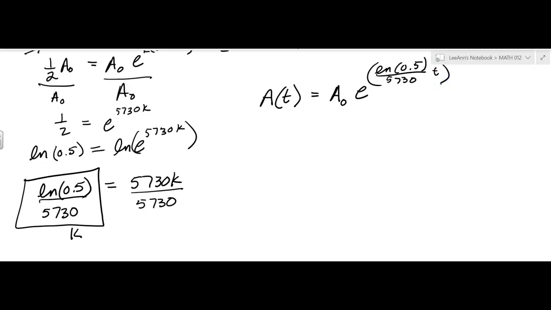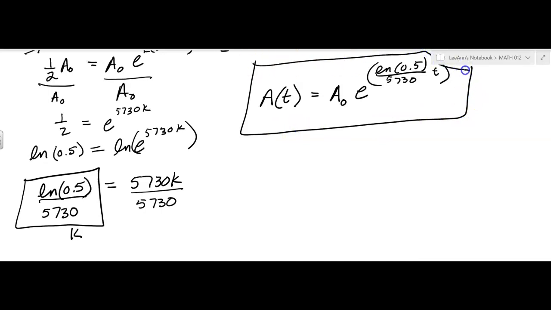Okay, all of that big mess is the exponent. So if I knew how much carbon-14 I started with, then I could have a formula for figuring out how long it's going to take to decay to a certain amount. Okay, that is the formula that we're looking for. That's the answer.